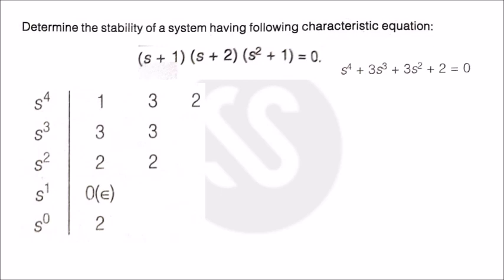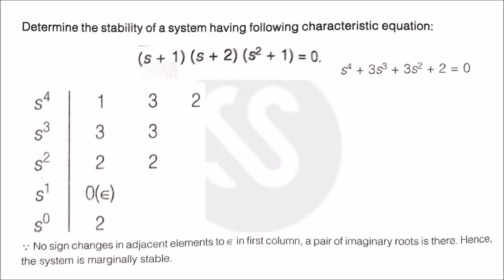Clear? That means the number of 0s in the first column indicates the number of pairs of complex conjugate poles. Clear, students? Fine. So there is no sign change in the adjacent elements to epsilon in the first column. So a pair of imaginary roots are there. Hence the system is marginally stable.